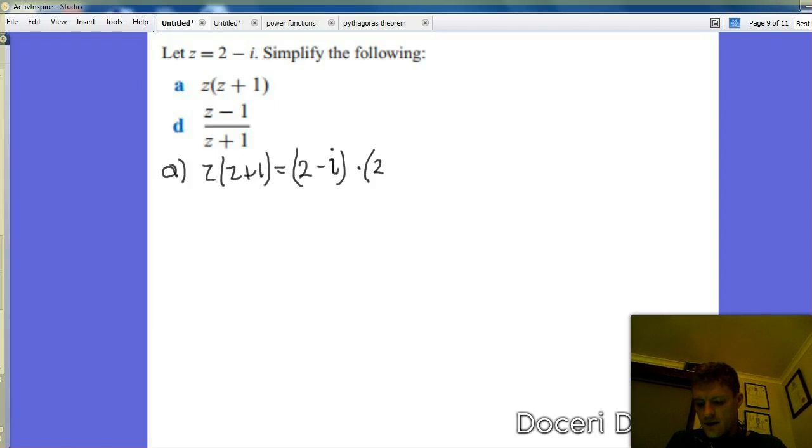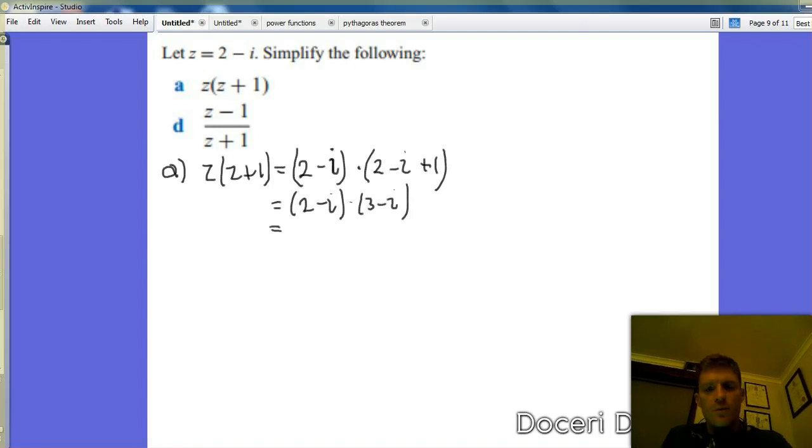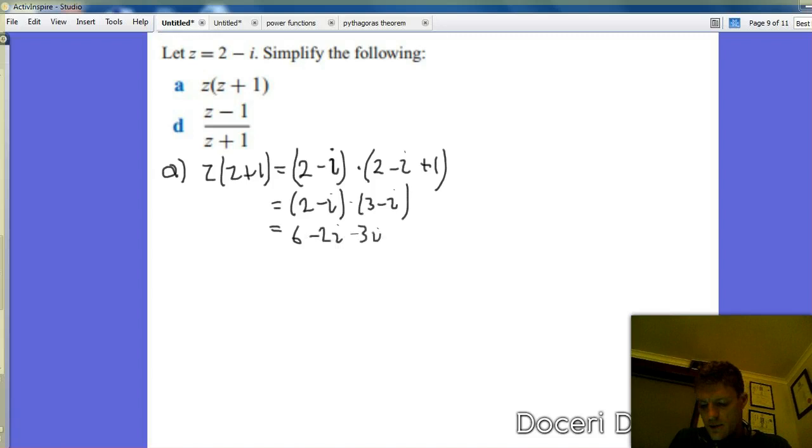That's z multiplied by z plus 1. So again, write down z plus 1. Okay. So 2 minus i, and we can see the second bracket simplifies to 3 minus i. And now we have a double bracket expansion. So off we go. 2 3s are 6, minus 2i minus 3i.